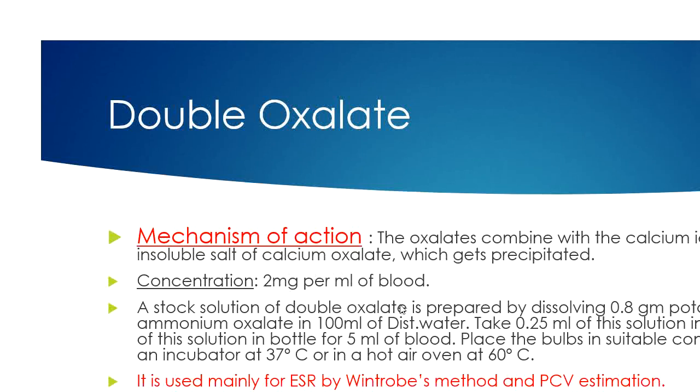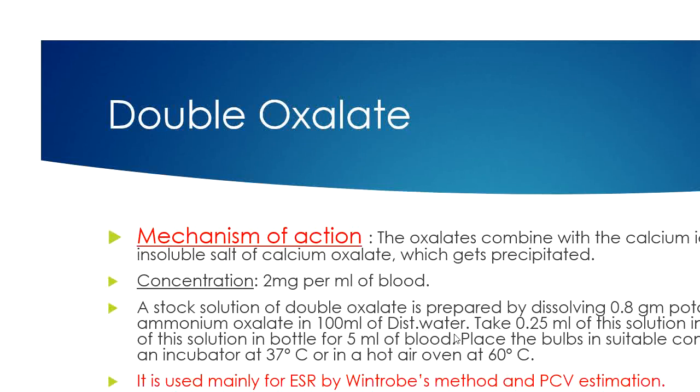How is it prepared? 0.8 gram potassium oxalate and 1.2 gram of ammonium oxalate, means 2 to 3 ratio, dissolved in 100 ml of distilled water.